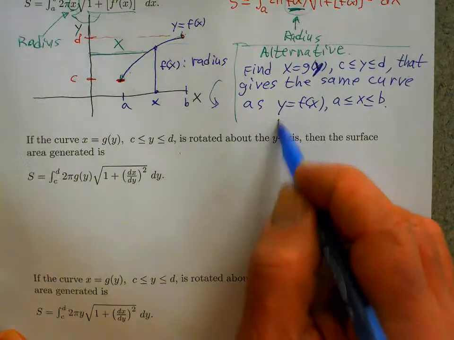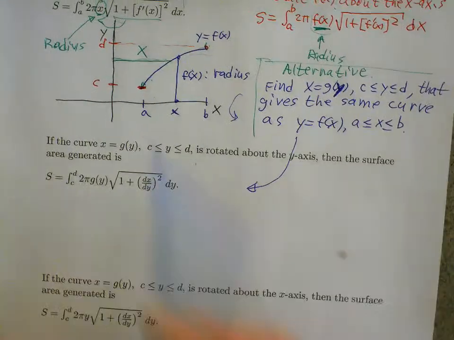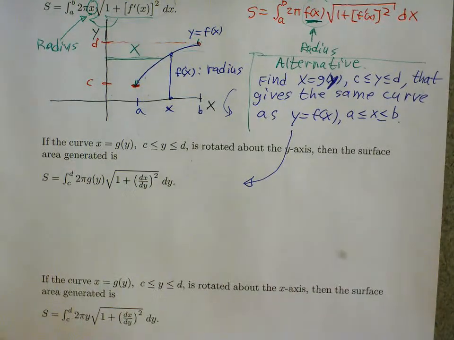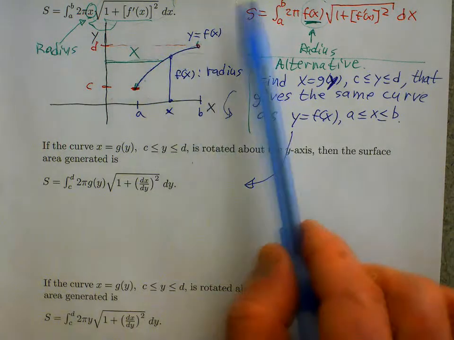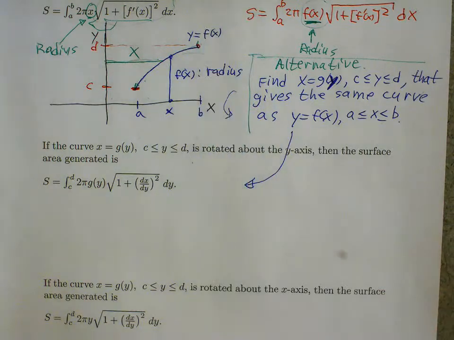Okay, so this amounts to the alternative if you want to go to all that work, but the easier thing to do would just be to use this formula if you're rotating y equals f of x about the y-axis.